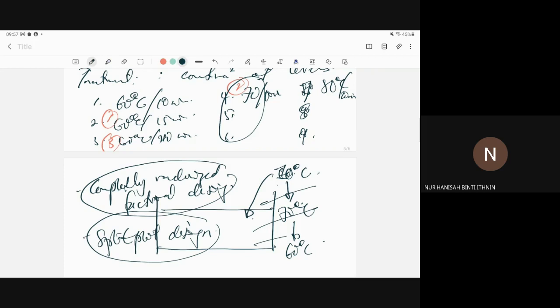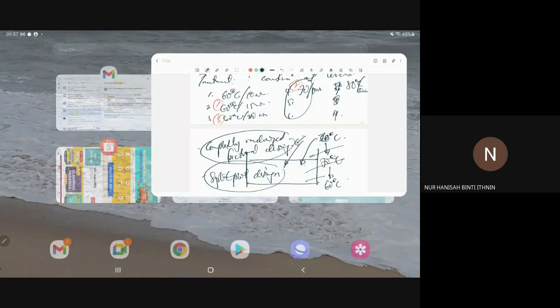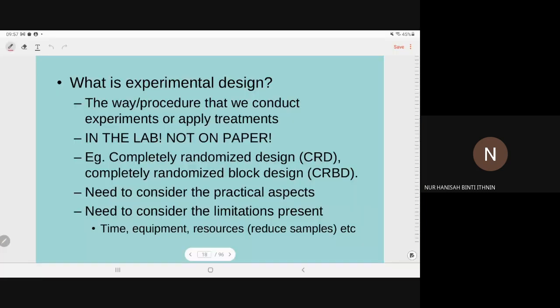So how do you make this kind of decisions? By going into the lab and trying out your treatments, and looking at the apparatus, the equipment that are available, what are the limitations. Then based on that, you decide on your design of experiment. So that is an example of what is meant that it has to be determined in the lab.